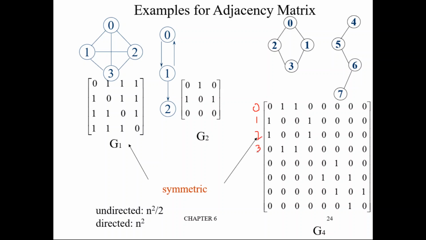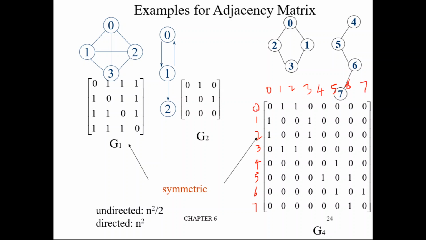Each row represents one node. Row 3, row 4, row 5, row 6, row 7. Okay. Similarly, these are columns, column 0 through column 7.